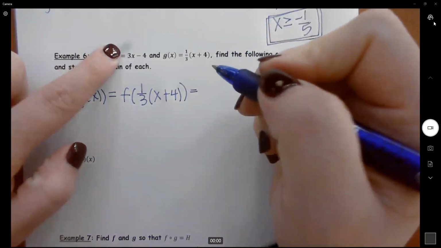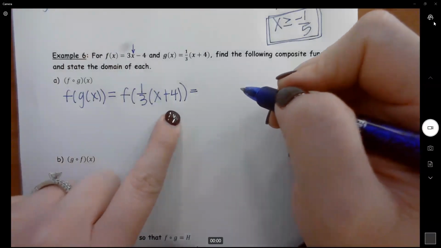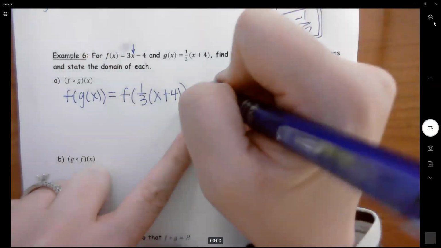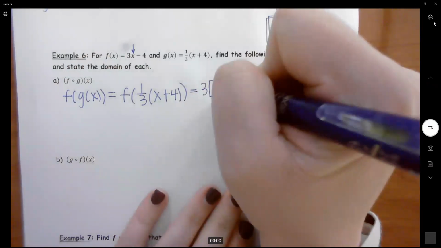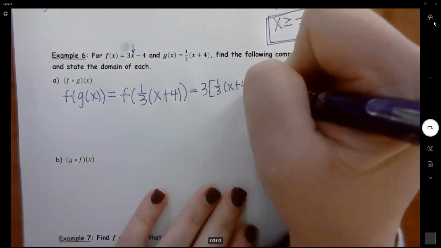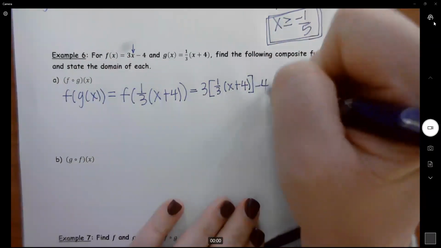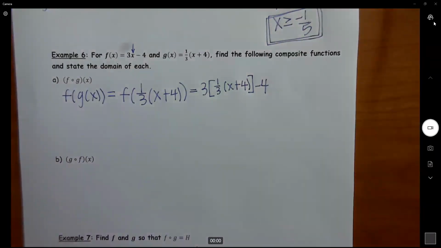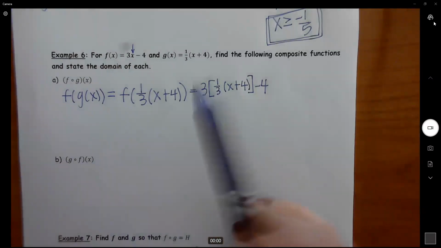So now take your function here, and where you see an x, replace it with 1/3 x plus 4. So we'll have 3 times 1/3 x plus 4, and then minus 4 on the end of that. These are being multiplied together.